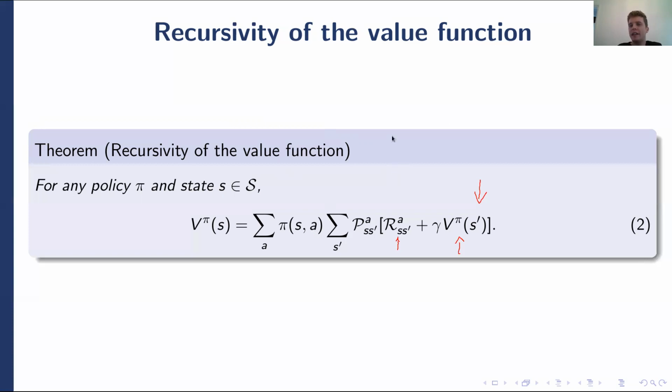So I hope that this is at least somewhat intuitive. So basically, the value of a state depends on the immediate reward that you can expect to see, plus the reward that you should expect to see from the next state onwards. Okay?